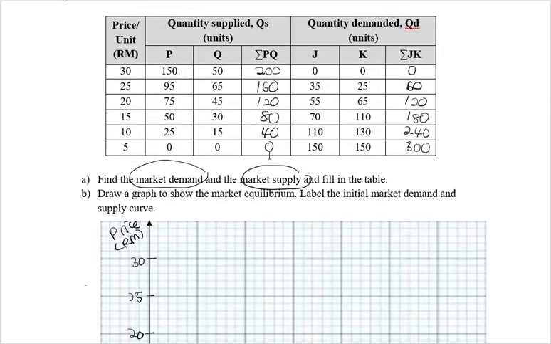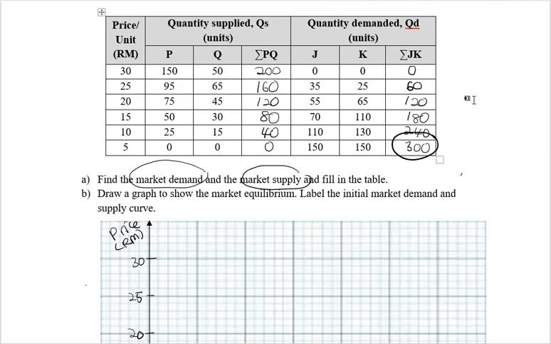So what you're going to do is look at the figures here. So what is the highest figure? That is 300. Okay, so that is your highest figure, and your smallest is 0. You also need to look at the scale that you are going to use for your graph.